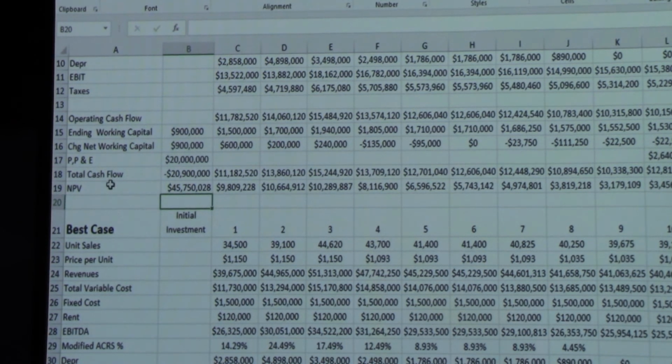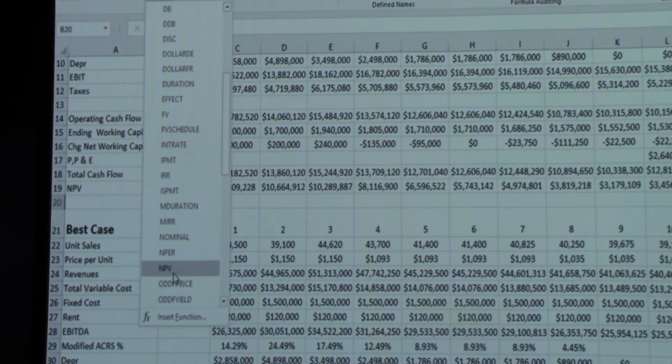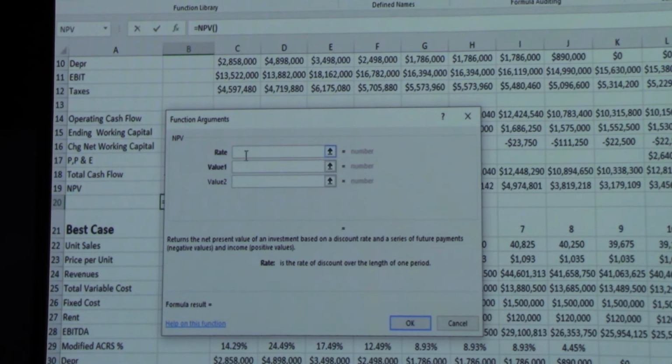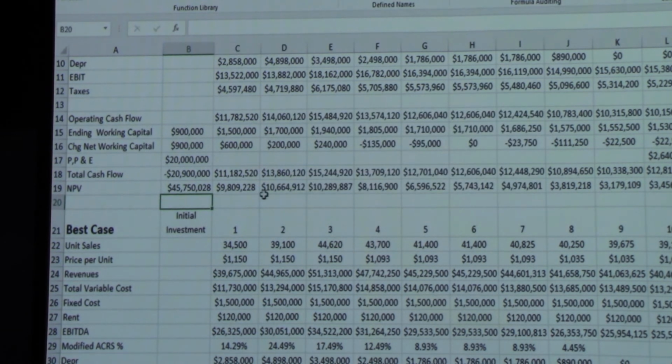Now we could use the NPV function, and here it is. Okay, we could put 14% and put all the values in, and we'd be good to go. But I would rather you see how we got the net present value.